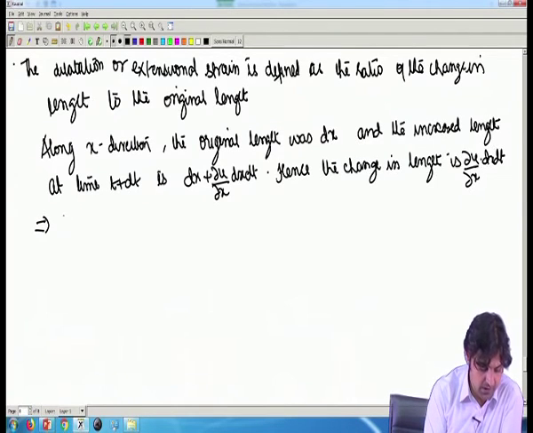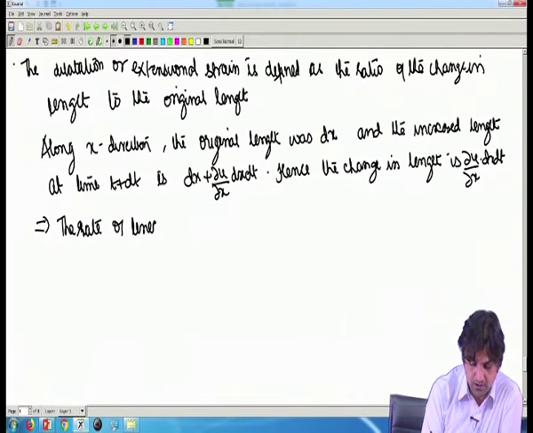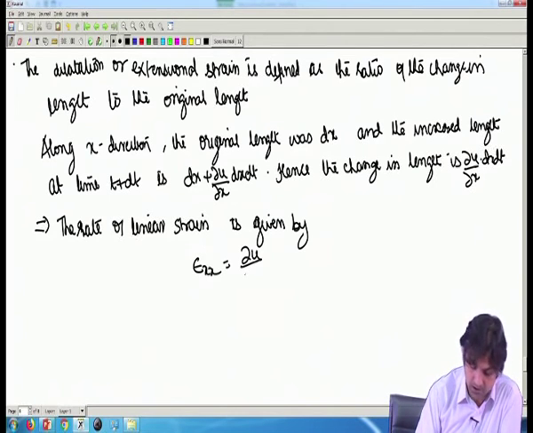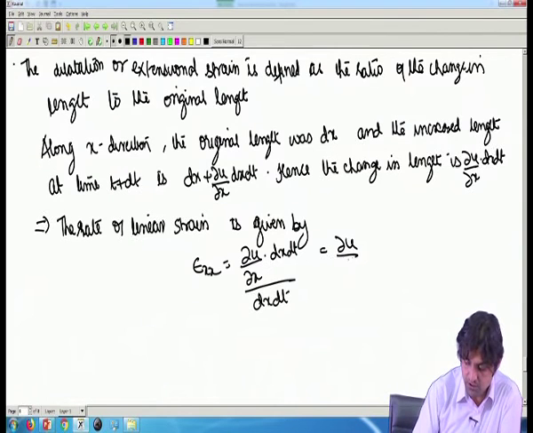This implies the rate of linear strain, right, that was shear and this is linear, is given by del u by del x into dx dt divided by dx dt, which implies del u del x.